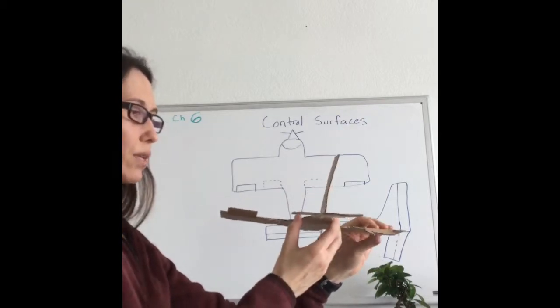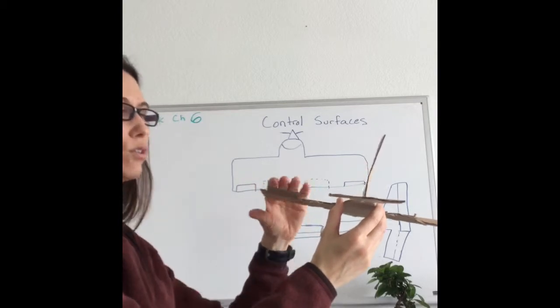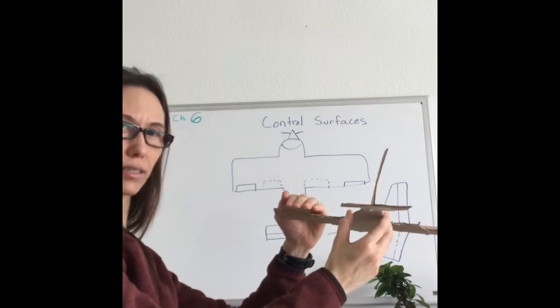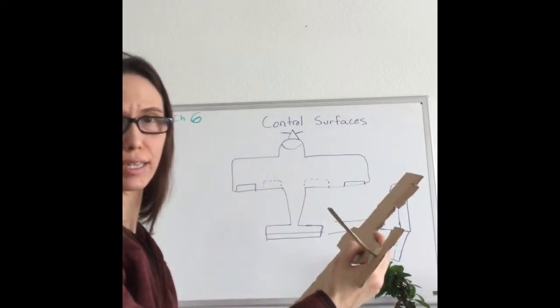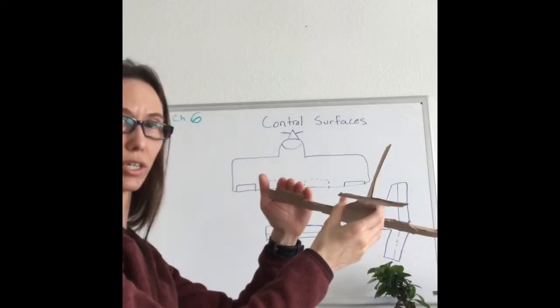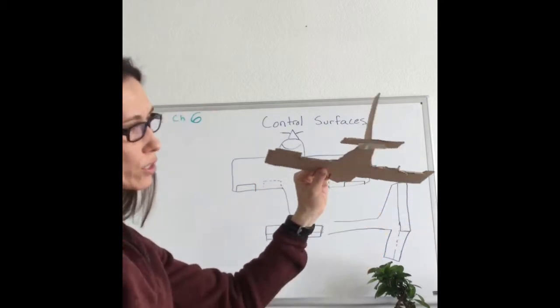So let's think about what's happening here. Air hits this aileron. Well, it's no longer a low pressure system here. The air hits it. The way I like to envision it is your air molecules just hit this thing and knocked it down. Okay, what's really happening is you now have more pressure here. The air molecules are hitting it. It's creating more pressure. But then let's look underneath here.